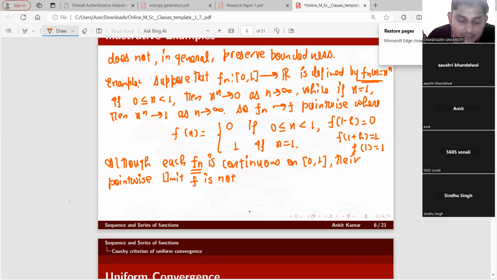So their pointwise limit f is not continuous; it is discontinuous at 1. We see from this the limit as n tends to infinity: for 1 minus h it is 0 because it is less than 1. If 1 plus h, then it is 1.